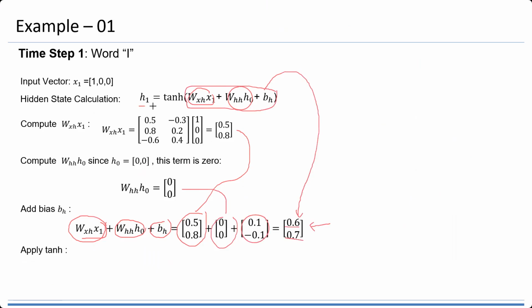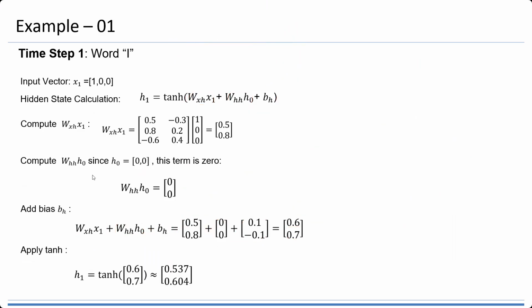So the H1 will be a tangent of 0.6, 0.7. And after we have this with the tangent value, you can convert.